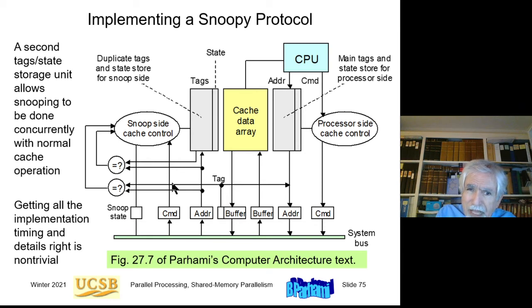So its tag is also compared in case we have to invalidate or change the status of this thing that is no longer in the cache, but is still not in main memory. Okay, so this is a simple implementation of the snooping cache coherence protocol. Now, this snooping protocol is not scalable because you cannot connect too many processors to a single bus.